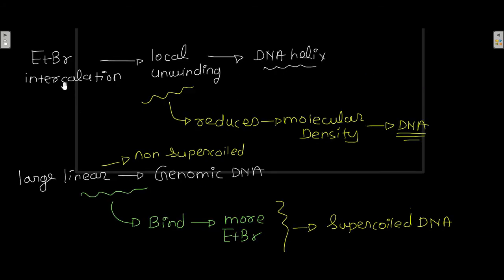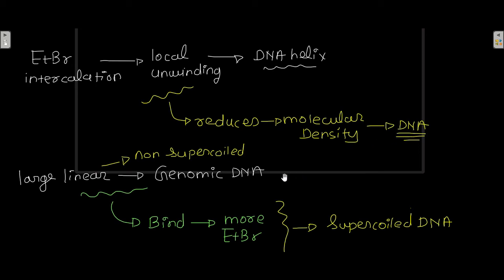Now EtBr intercalation causes the local unwinding of the DNA helix. If the EtBr intercalates in the DNA helix, then that helix will unwind, and if there is unwinding of the DNA helix, that reduces the molecular density of the DNA.